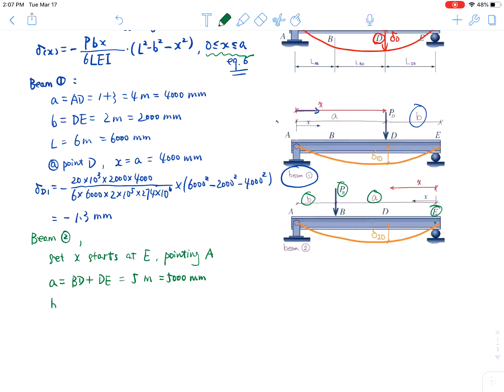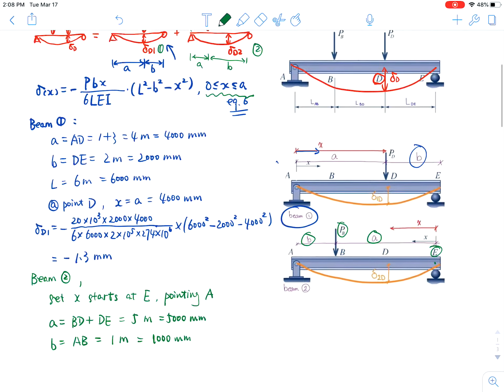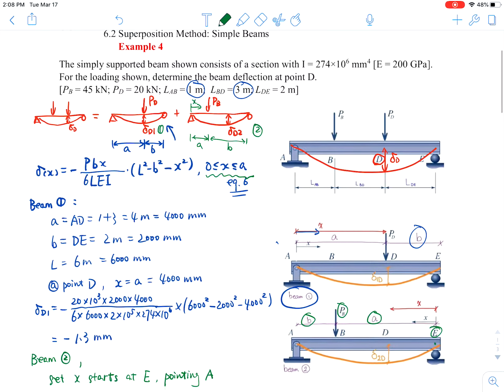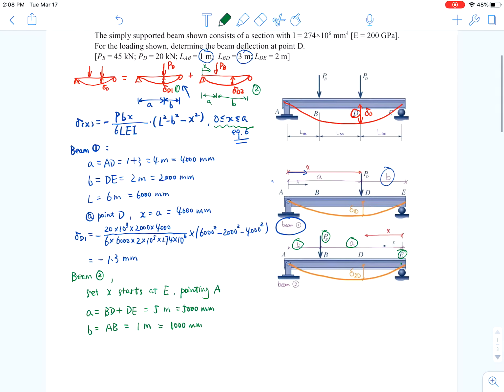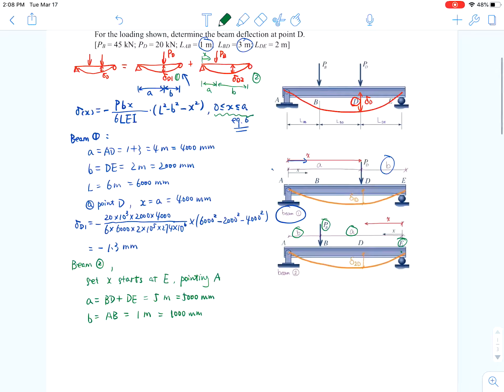And B will be just AB, that is 1 meter or 1,000 millimeter. And L is still 6,000 millimeter.